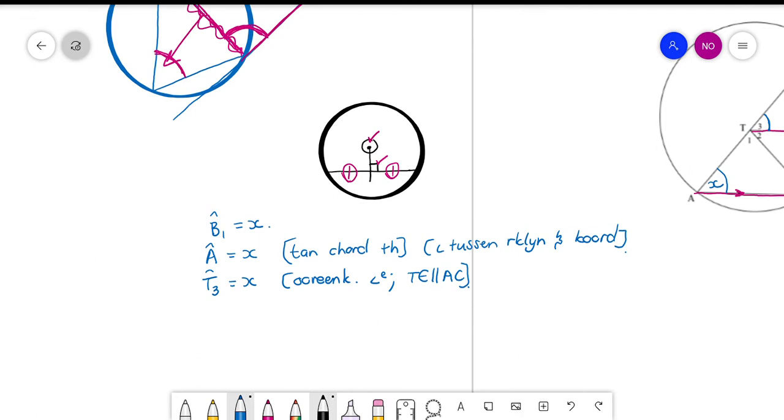So now you've proven what you had to prove. If all of them are equal to x, then it means that B1 is equal to T3 because they all have the same values. Yeah?